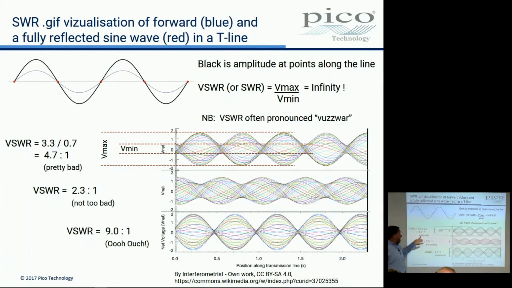Pretty bad match, that is. VSWR 2.3 to 1. And this one is 9 to 1. This is really, really bad. Ouch. So match is pretty important to us with sine waves or high frequency data.